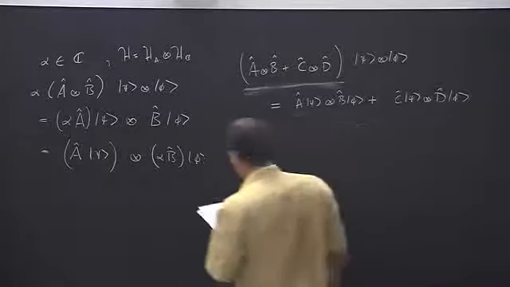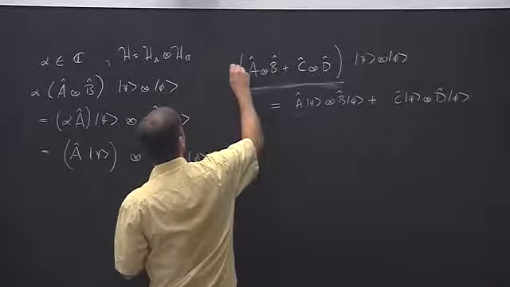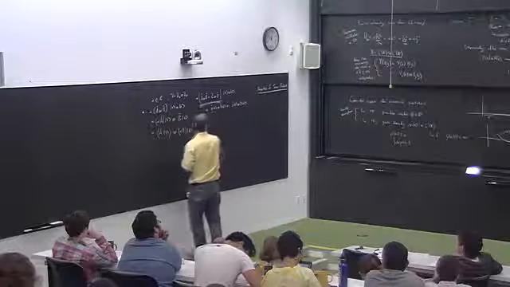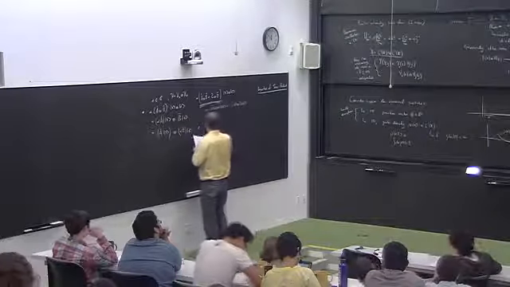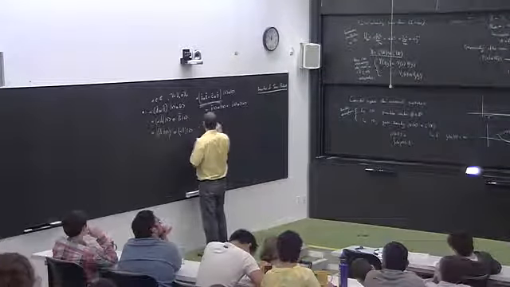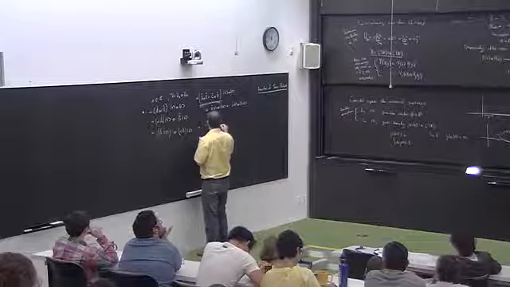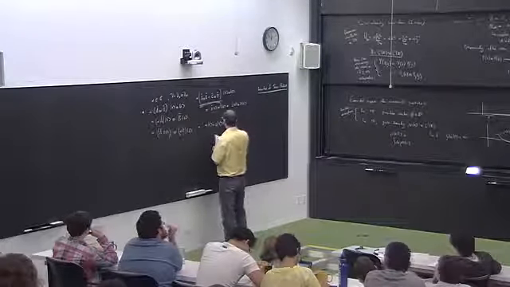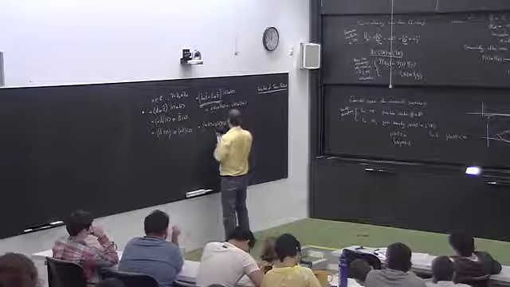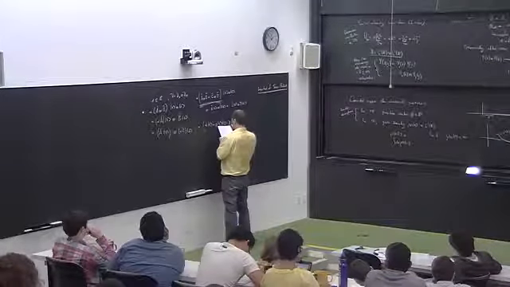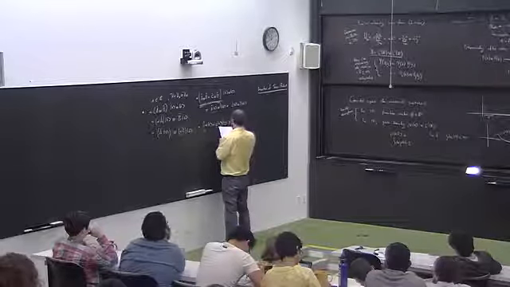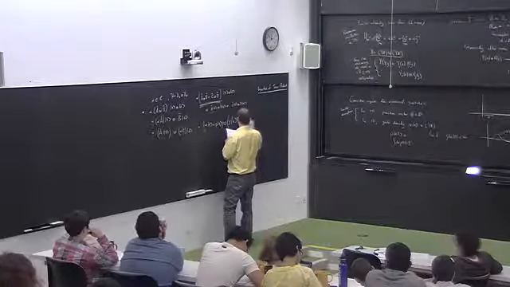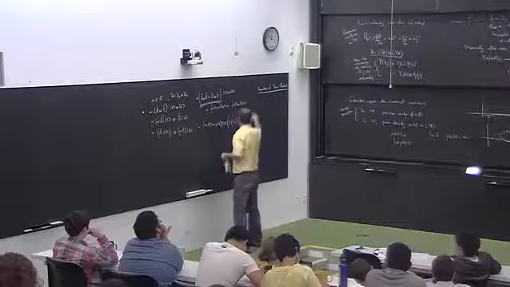Here's another example. These are each kind of just examples. If we have alpha psi 1 plus beta psi 2 cross gamma phi 1 plus delta phi 2.